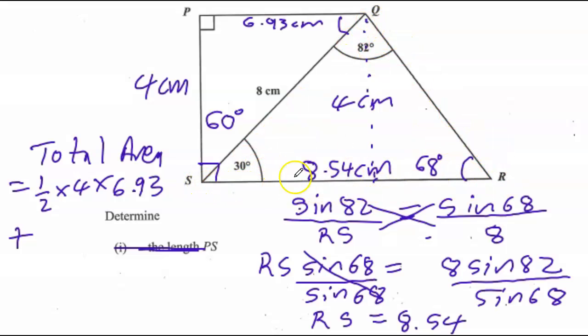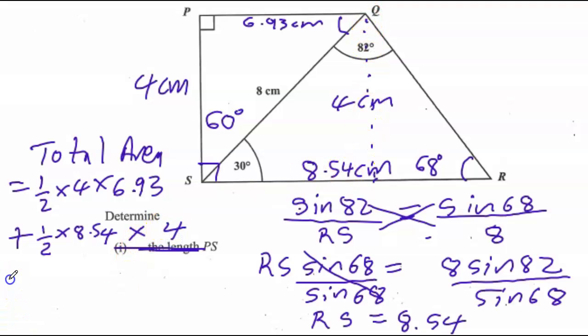The base is RS, so half times 8.54 times the perpendicular height, which is the same as PS. So the perpendicular height would be 4.